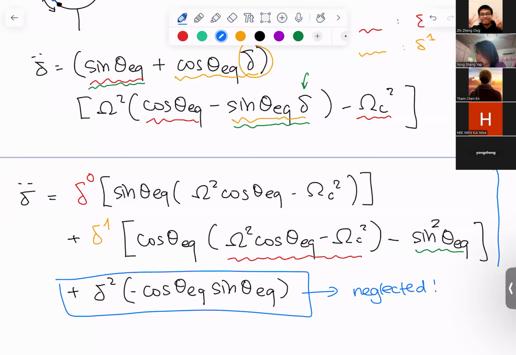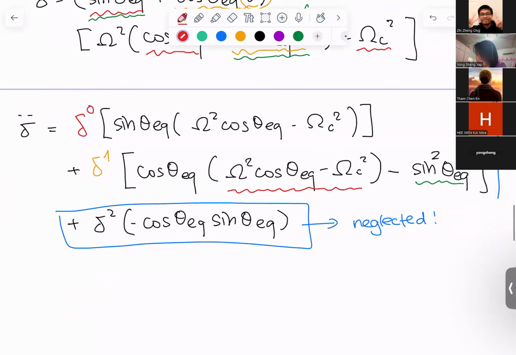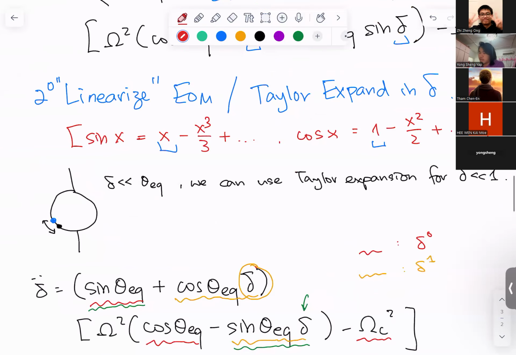So let's analyze this to see what we actually get in the end. Let's pause a bit and think about what the equation of motion tells us. The equation of motion for delta is now arranged by how small the terms are, because, as we established at the beginning, this is a small displacement from the equilibrium angle.